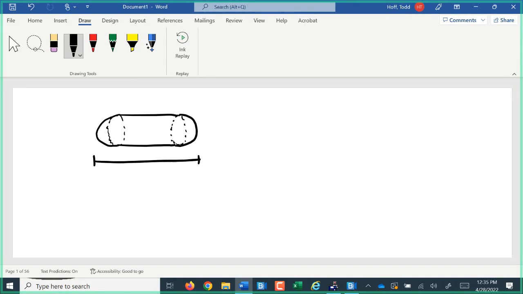So what we have here, let's do 4 feet there. And let's do 16 feet here. I want to find volume and surface area.